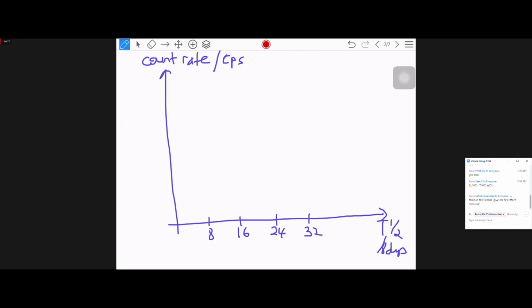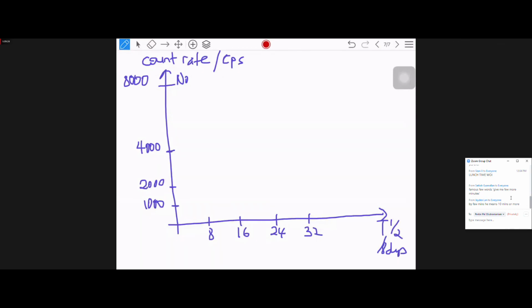All right. So if this is the initial amount of N0, let's say 8,000 counts per second, then exactly half of it is 4,000. Then exactly half of 4,000 is 2,000. Exactly half of 2,000 is 1,000.